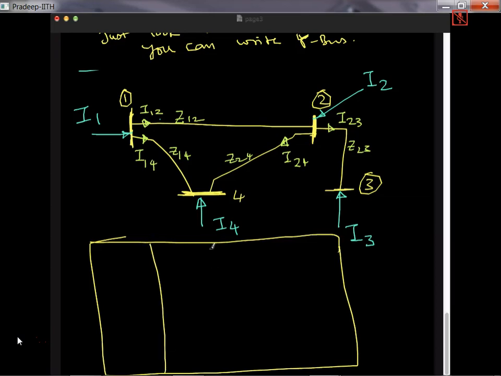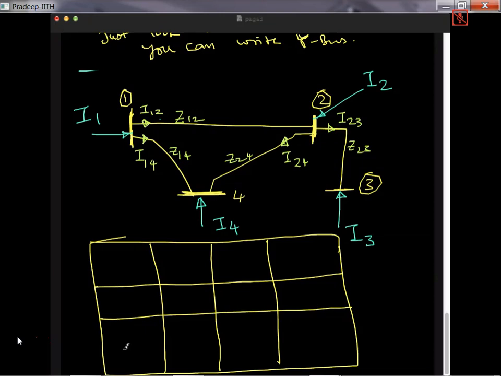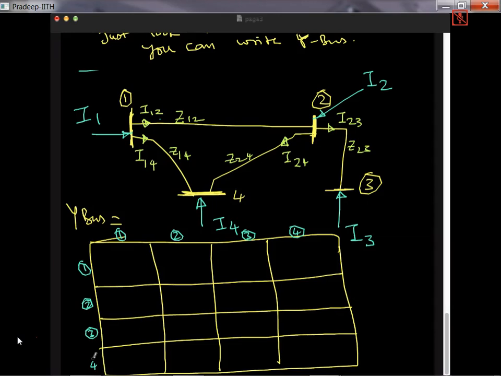I'm just making a table so that I can write the matrix easily. So this is my Y bus. So the technique is, I'll just give the numbering. This is 1, 2, 3, 4. Similarly, rows also: first row, second row, third row, fourth row.